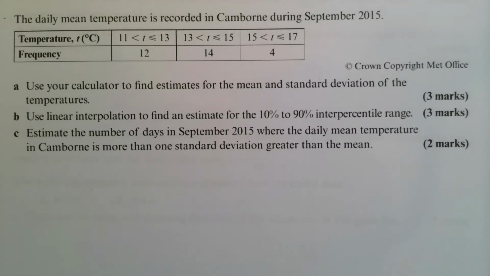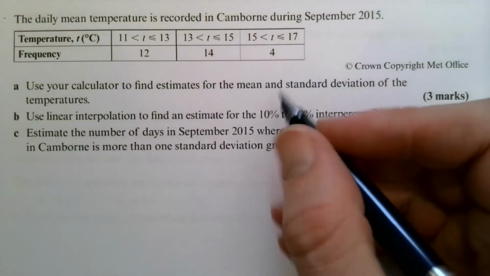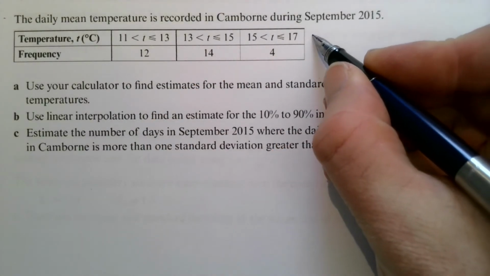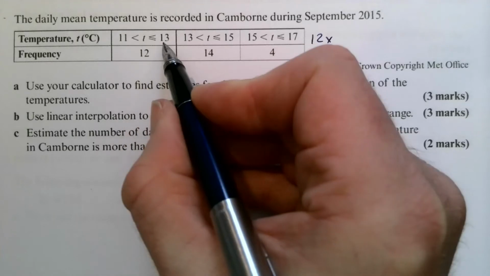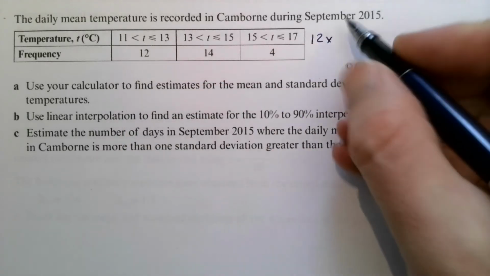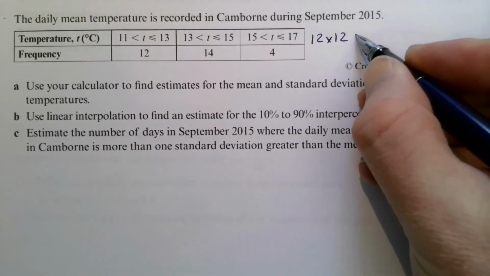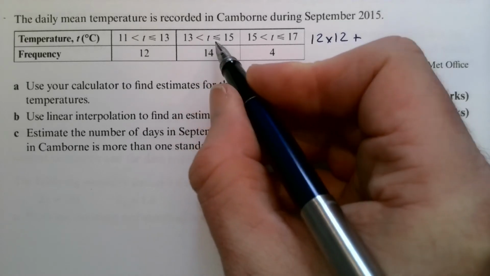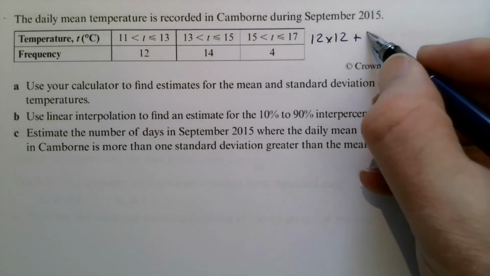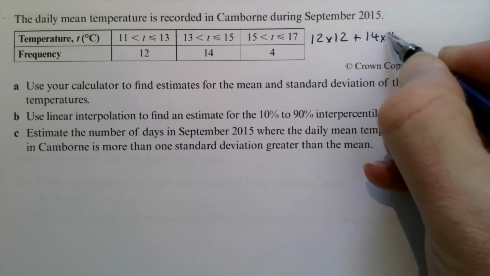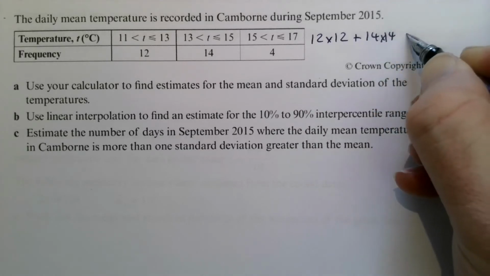So first thing to do is estimate the mean. We want 12 times the midpoint of 11 to 13, which is 12, and the midpoint of 13 to 15, which is 14, so that's 14 times 14. Oh, that's interesting that that happens to have happened.